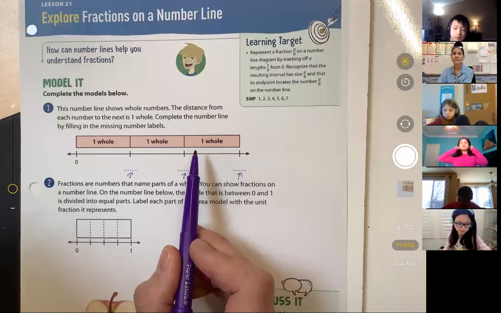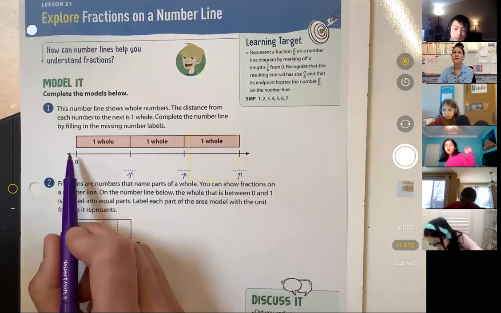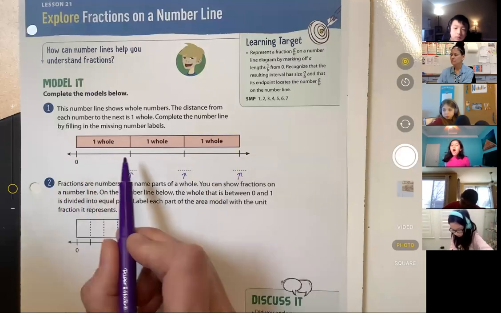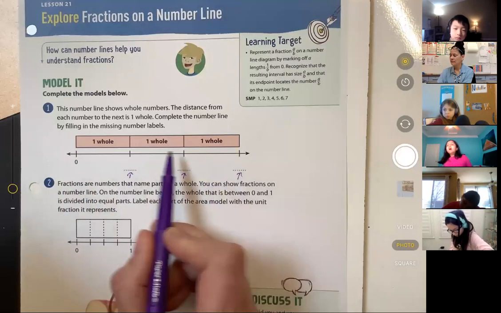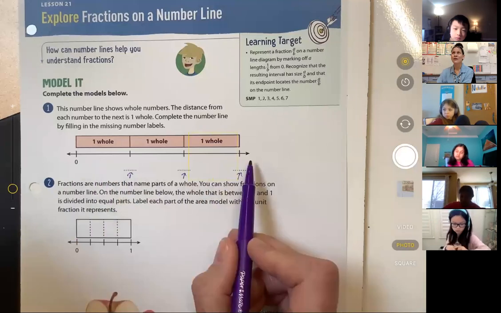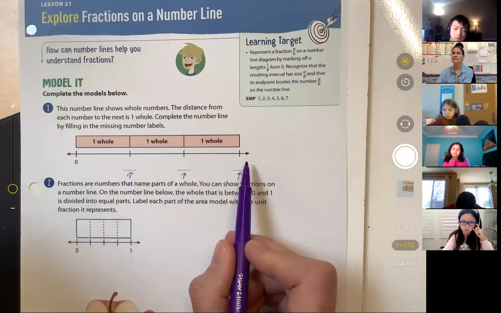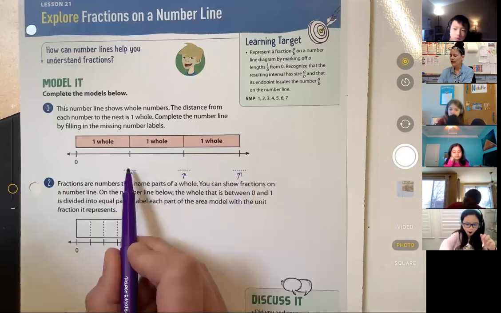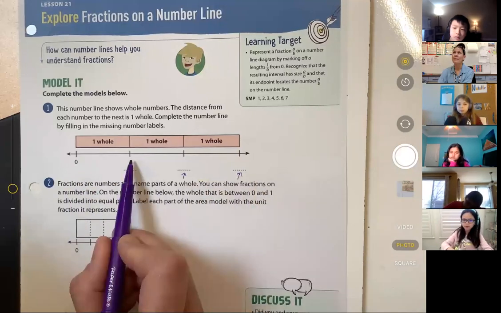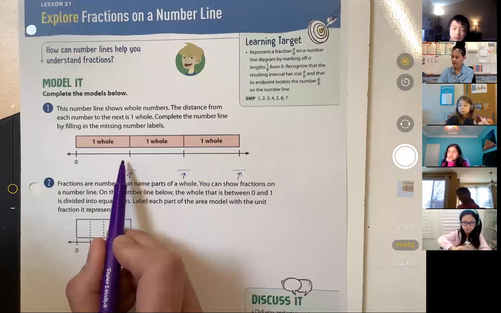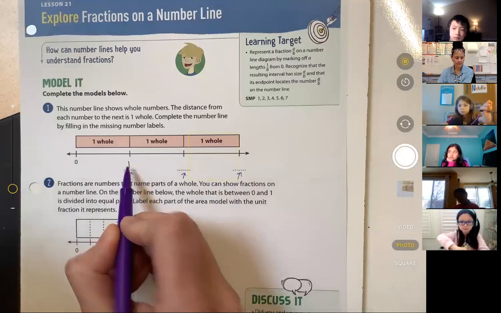Label that. Okay, so right below these bars is the number line, right? Of course, our big learning target right now is the number line. It's asking you to fill in from 0 to here. How much is that? Well, that's 1.